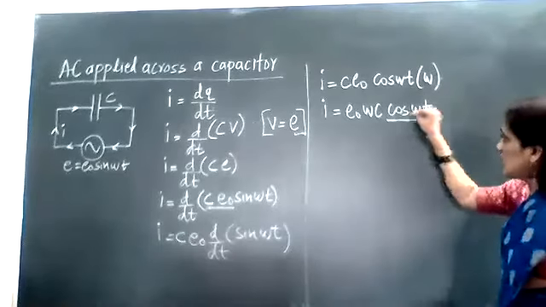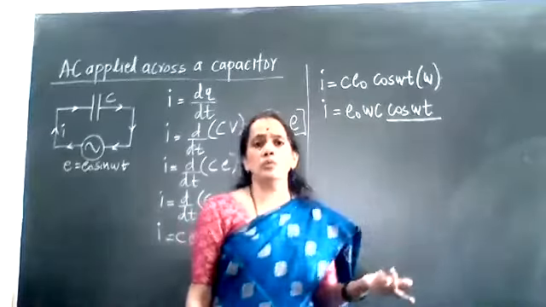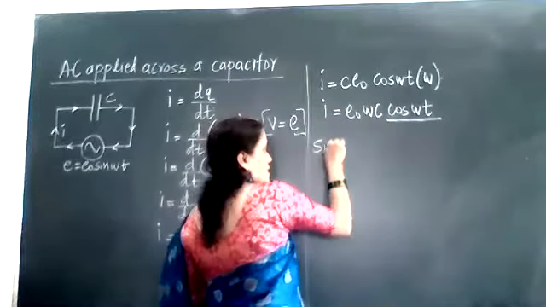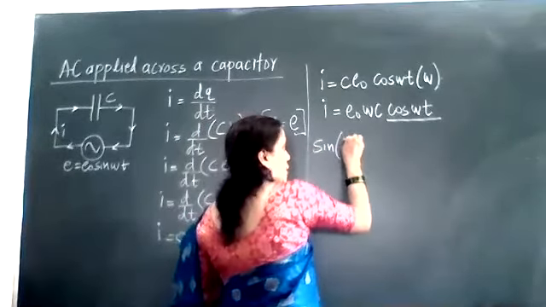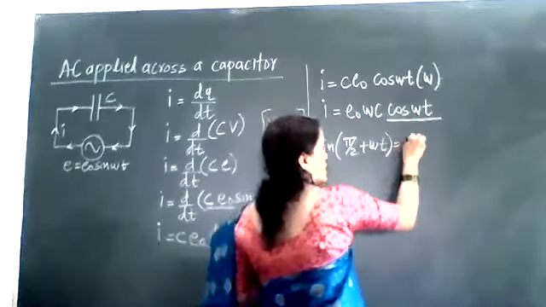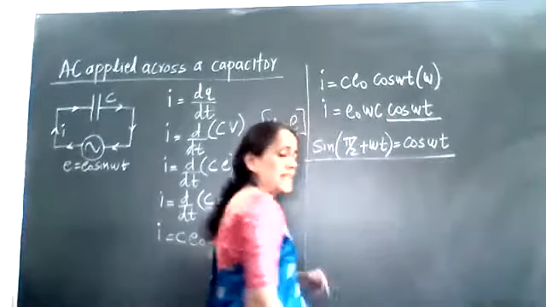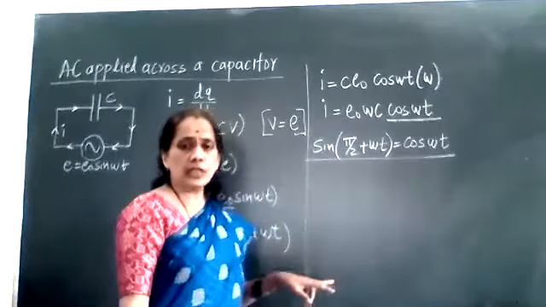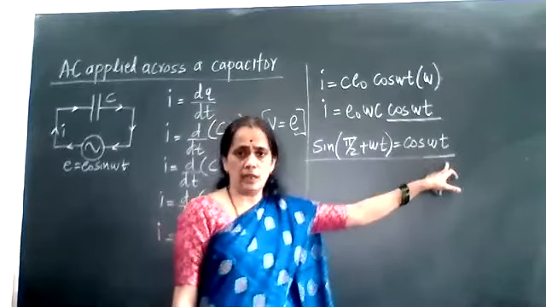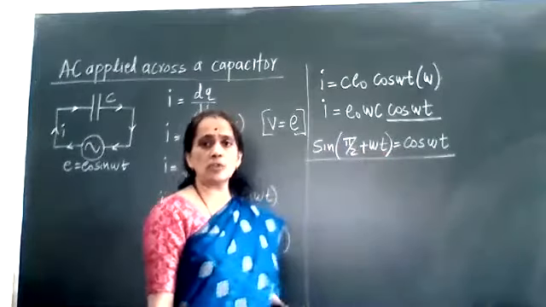Now instead of this cos omega t, I am going to use the trigonometry identity. Your trigonometry identity is sin of pi by 2 plus omega t can be written as cos omega t. This is nothing but the mathematics identity. So using that mathematics identity, in the place of cos omega t, I can put the value sine of pi by 2 plus omega t.